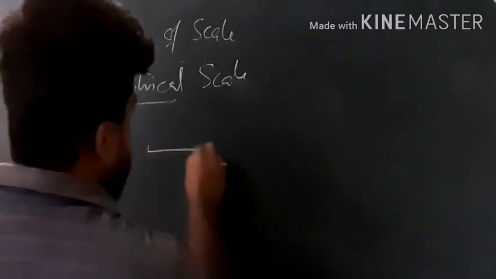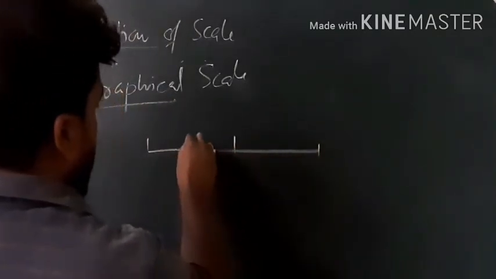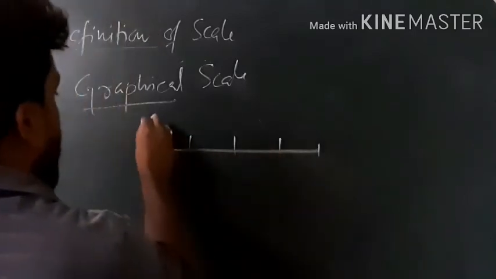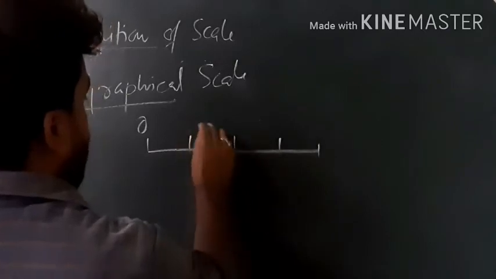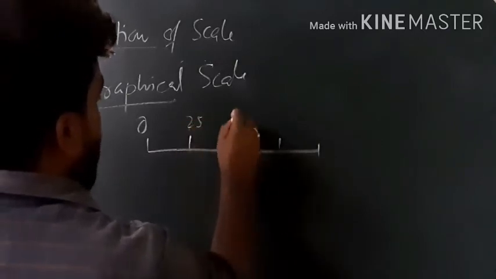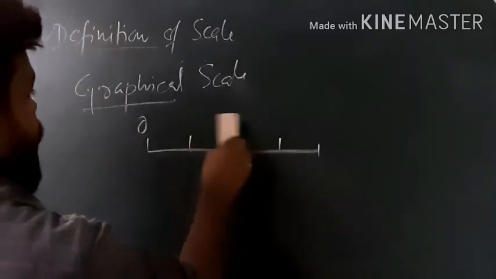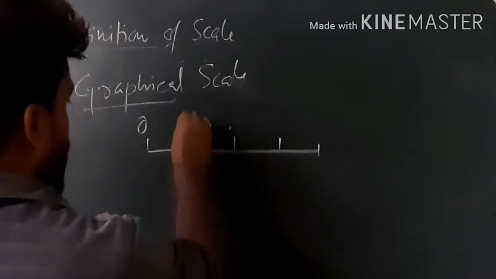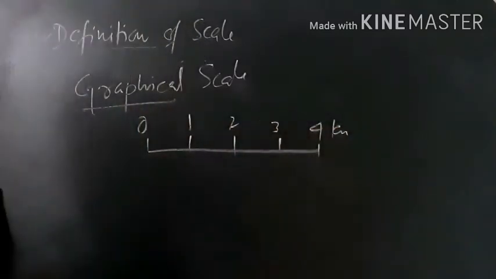So like this, suppose this is the scale. We are dividing this scale into 4 parts. Okay, let's take the 1 kilometer. 1, 2, 3, 4 kilometer. This is a kilometer.